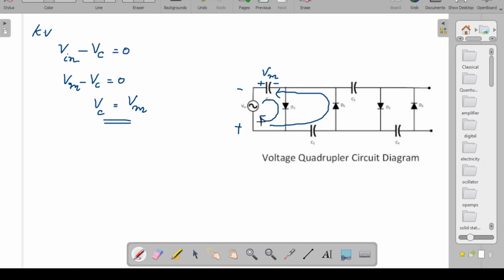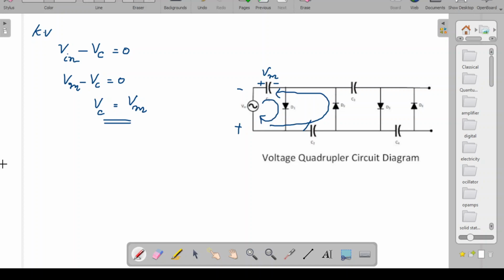Now when the current is flowing through this diode D2, there is a voltage source here which provides the current, but you have to think that one more source is there, because the capacitor is now charged to Vm voltage. So that also will act as a battery, as you know, right? So I can write the Kirchhoff's voltage equation for this particular loop.